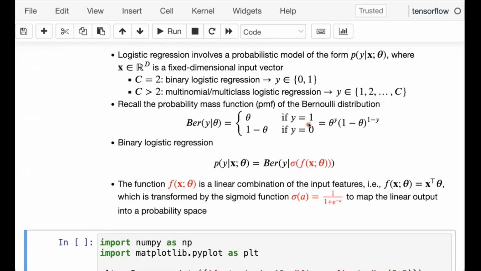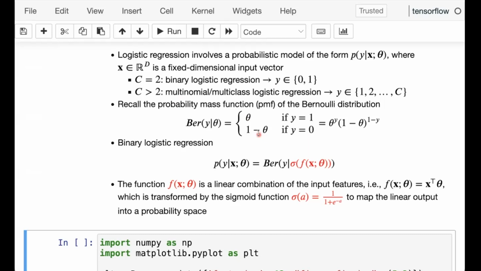And in this case, let's say one outcome is 1 and the other outcome is 0. In this case, we really need to know the probability that the outcome is 1, theta, because the other probability using the complement rule is 1 minus theta. And you can see that if we add these two probabilities, we get 1.